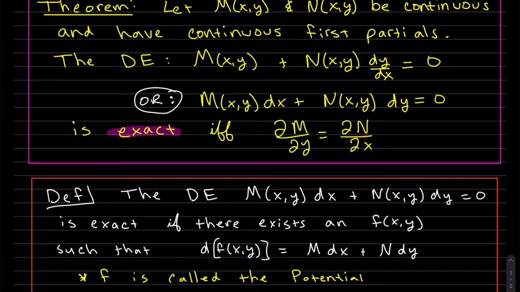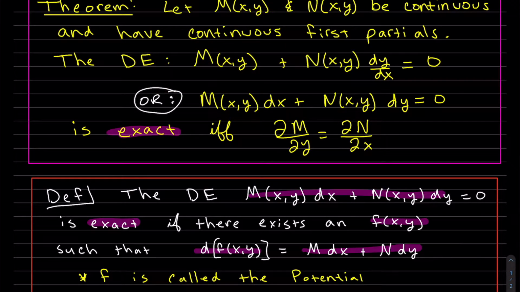So going on, we have a definition that we need to learn. If we have the same differential equation, it's exact if there exists a function such that the derivative of that function is equal to M dx plus N dy. That's basically the left side of the equation.